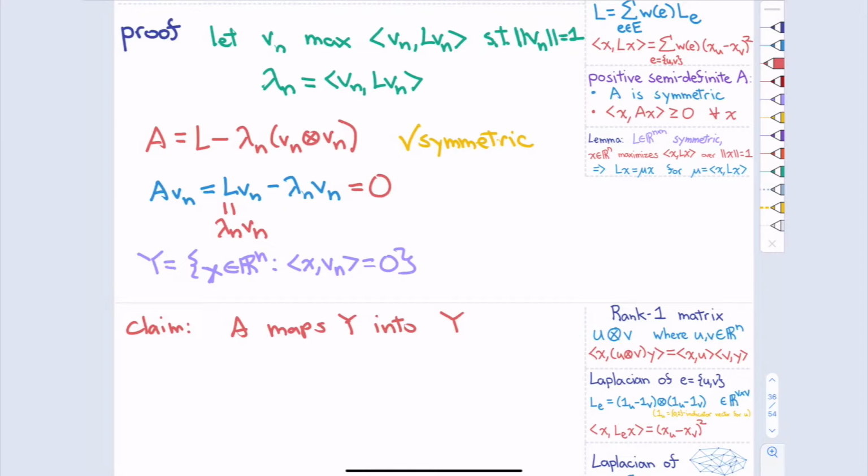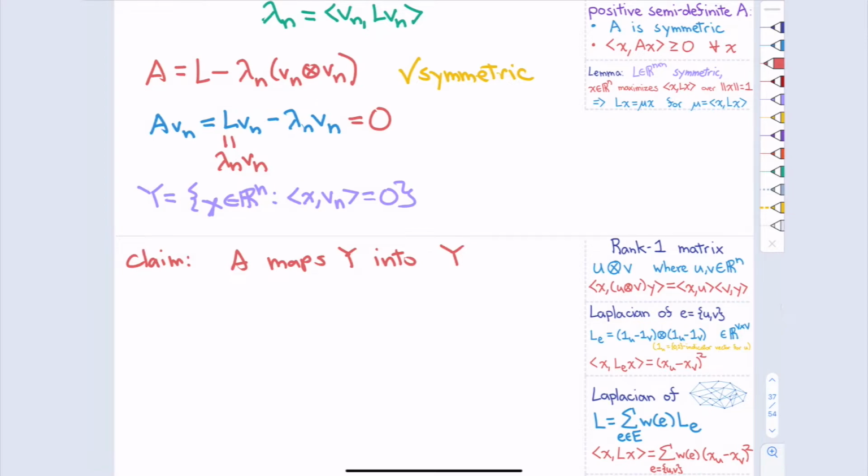So let's just do this then. I'll let you guys shout out the derivation. I want to show that A Y is in Y. That means I want to show that x transpose A y is equal to 0, that A y is orthogonal to Vn.